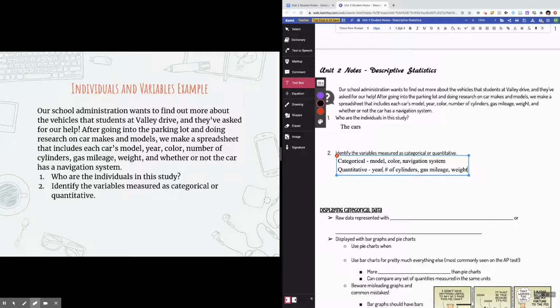So if the cars were from 2000 to 2005, you would put them in one category, and 2006 to 2010 would be another category. But most of the time when we deal with year on a car, we want to identify the individual year. So that's why we're calling this one quantitative.